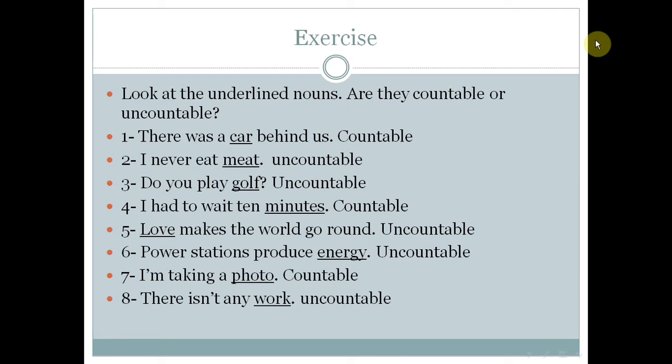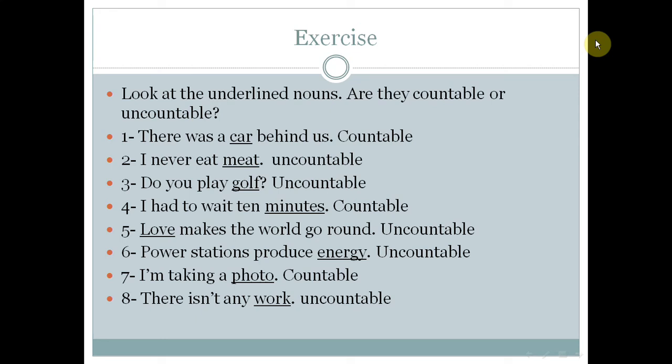Here we have an exercise. Look at the underlined nouns. Are they countable or uncountable? Number 1. There was a car behind us. So car is a countable noun. I never eat meat. So meat is an uncountable noun. Do you play golf? Golf is an uncountable noun.